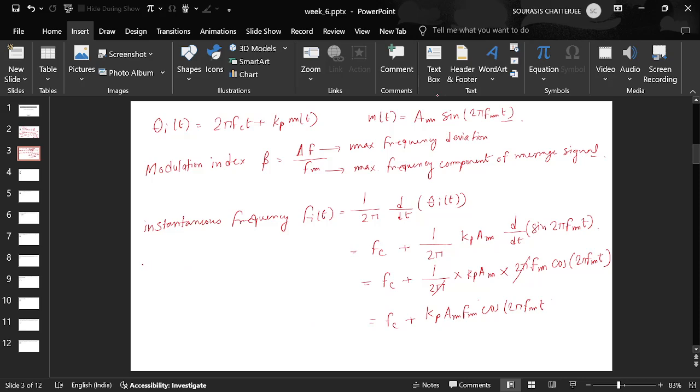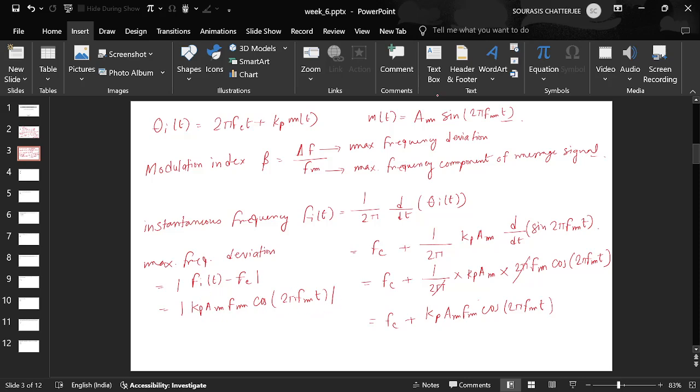So your maximum frequency deviation, how do you obtain that? That is basically the absolute value of your instantaneous frequency minus your carrier frequency, and if you subtract, this is actually nothing but kp Am fm cos 2 pi fm t. Now you can see these three terms are positive, and the only thing is cos 2 pi fm t.